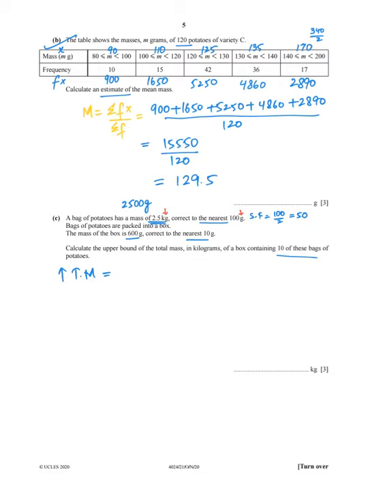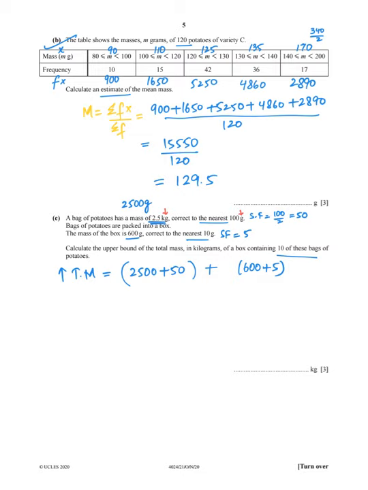So the upper bound for the mass of potatoes will be 2500 plus 50. And then we need to add the box, whose mass is 600 correct to the nearest 10. So the upper bound will be 600 plus 5, because half of 10 grams is 5 grams.